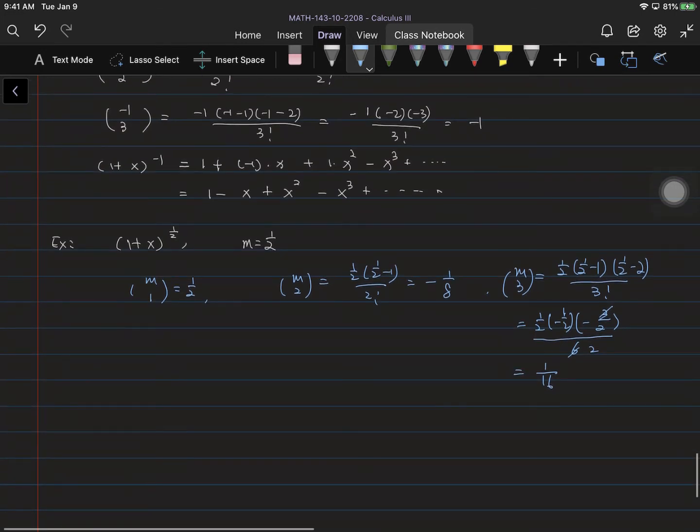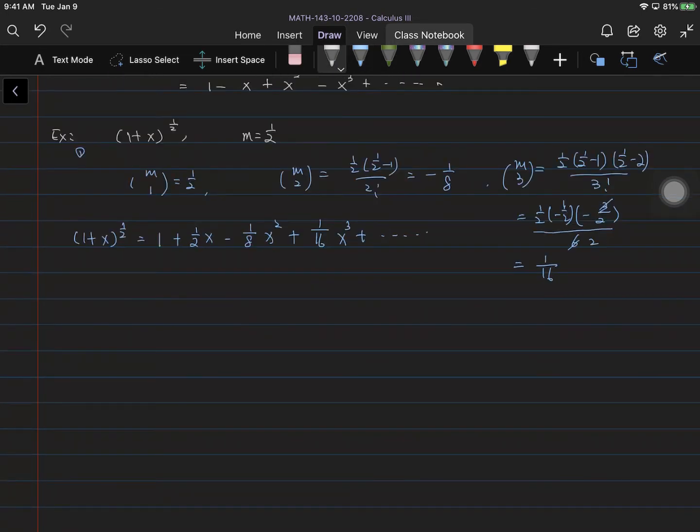Okay, so our binomial series we can write down this way. (1 plus x) to the 1/2 equals 1, which is always the first term, and then plus m1 times x, m2 x squared, and then m3 x cubed, and then plus, just like this one. Example 5.